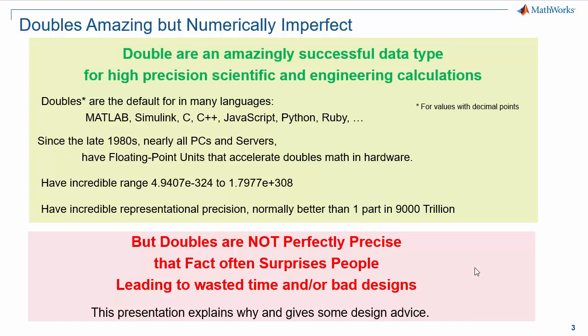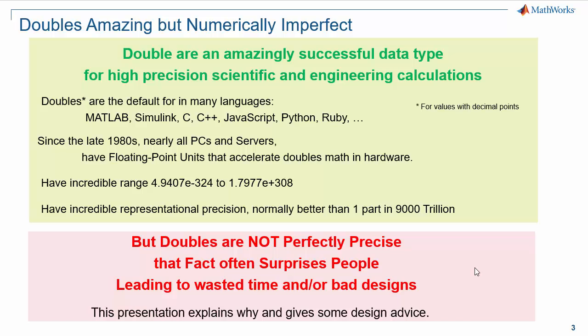Doubles have an incredible range from roughly 10 to the minus 300 up to 10 to the plus 300. They also have an incredible representational precision that's normally better than 1 part in 9,000 trillion.